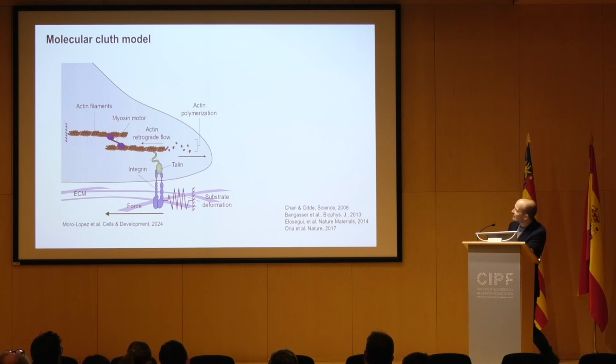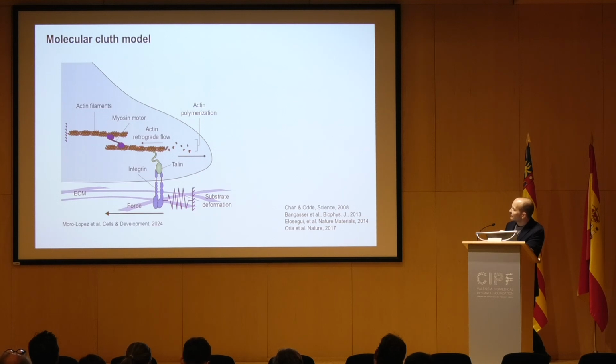So the idea is that at the leading edge of a cell, you have actin filaments, of course, they are protruding, and this protrusion pushes the membrane forward. But at the same time, you have contractility driven by myosin that is pulling filaments backwards. And this leads to a retrograde flow of actin. So even if you're polymerizing here, actin is actually moving backwards within the frame of reference of the cell.